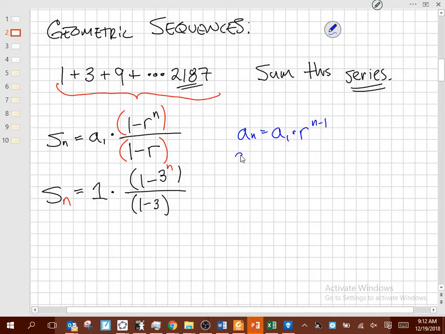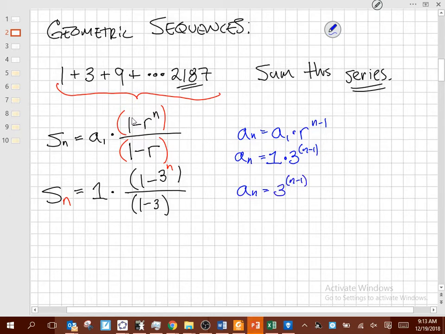Well, that rule is pretty easy to find. a sub n is equal to a1 times r, you said r was 3, to the n minus 1. Well, that's just a sub n equal to 3 to the n minus 1, right?